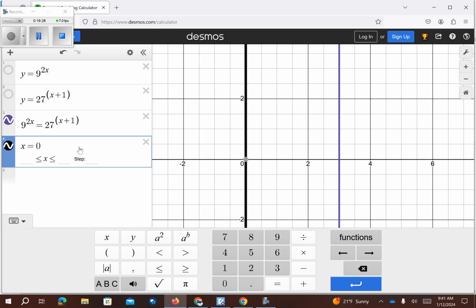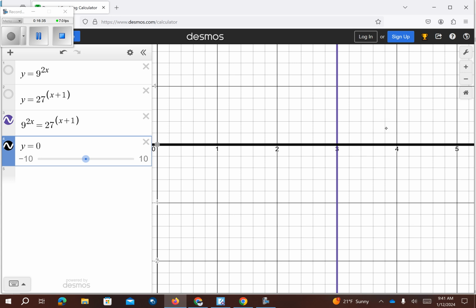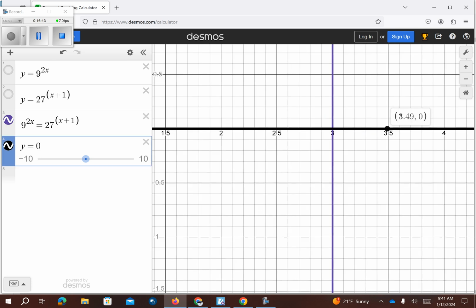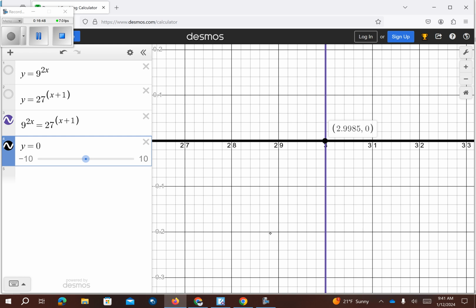I meant y equals 0. Okay, what's taking place here? So my friends, I would say that my answer should be at 3. Exactly 3. Okay, so the answer should be 3.